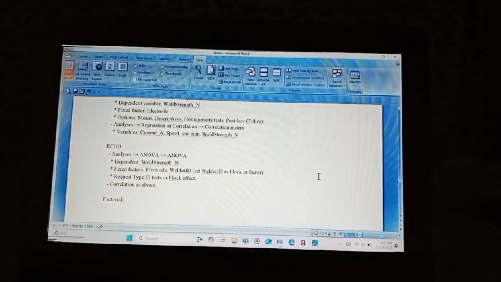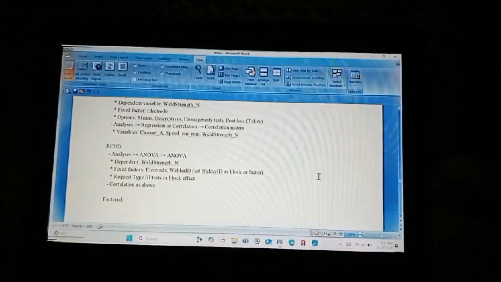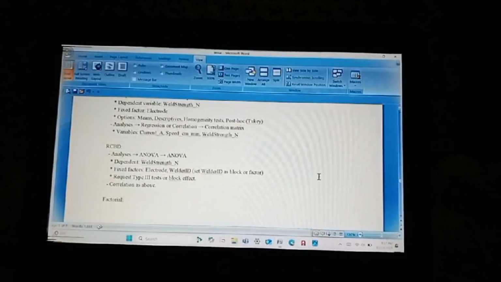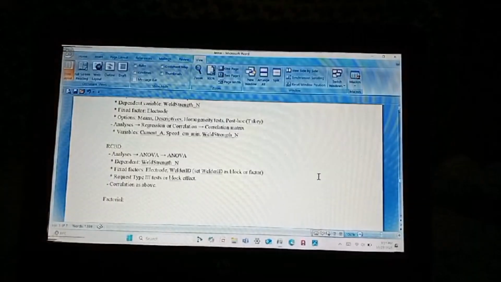RCBD, two-way ANOVA. Factors: electrode treatment, welder block. Jamovi output example: electrode F(2,20) equals 11.63, p equals 0.001.